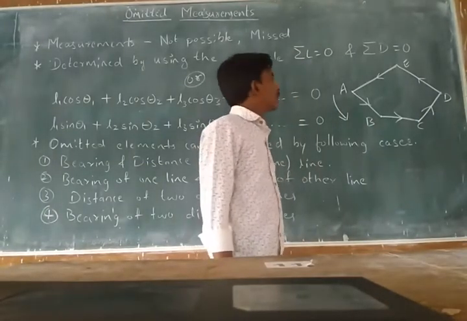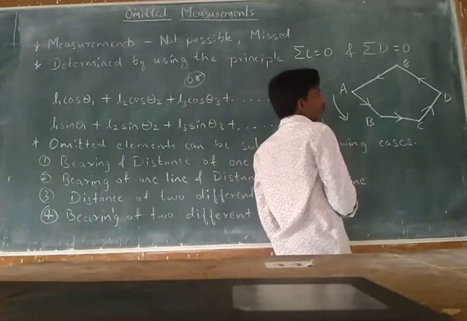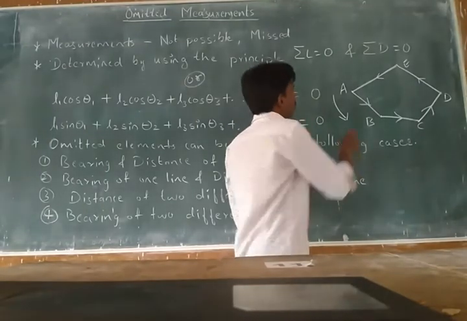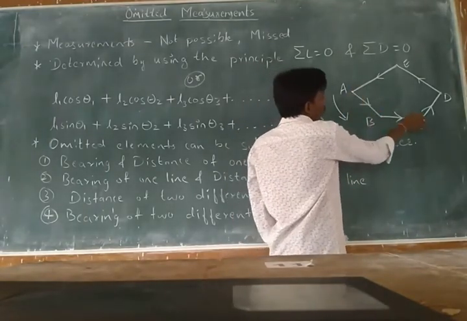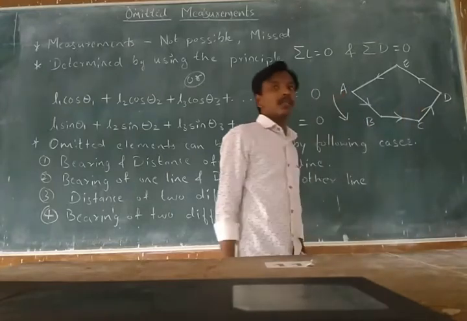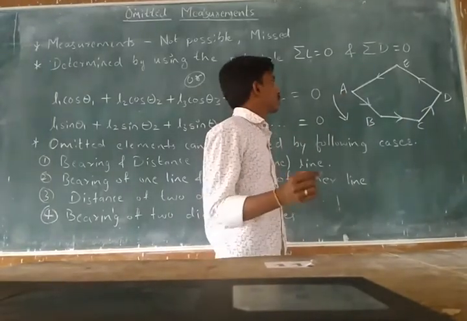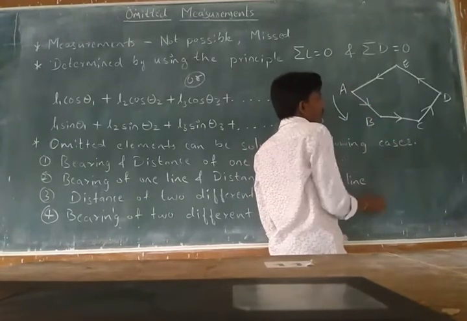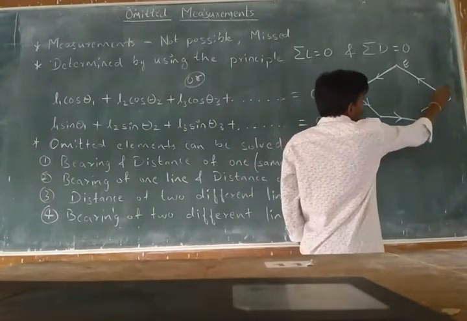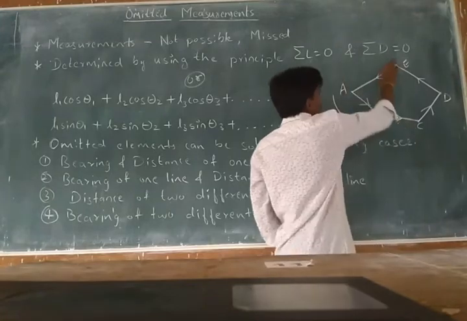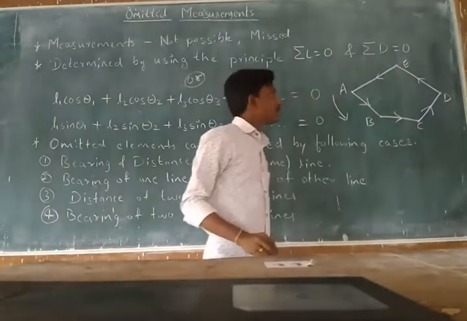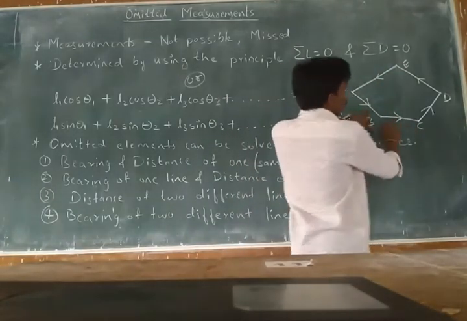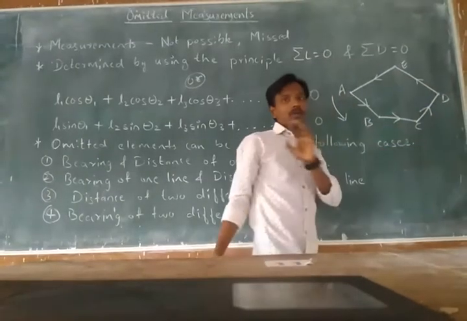Now in traverse surveying, you have to measure the distance between all the points, which are called traverse sides. You have to measure the distance AB, BC, CD, DE, EA. So you have to measure 5 traverse sides.